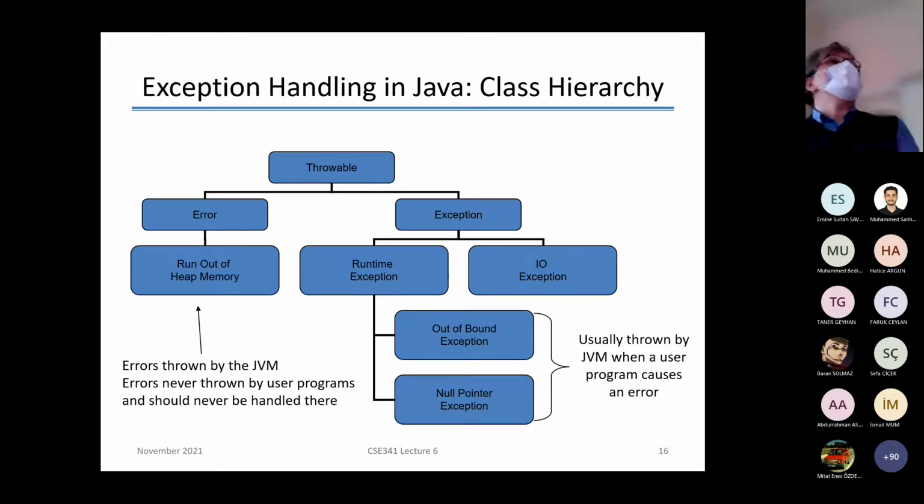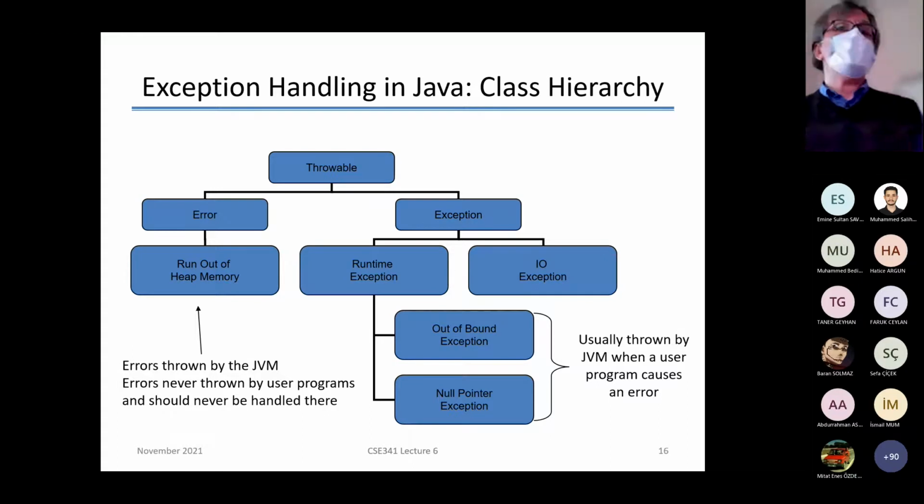So exception handling is tied heavily to types, right? In the case of Java, there is this Throwable class, and it has two types of throwable things. One is Error, the other one is Exception.